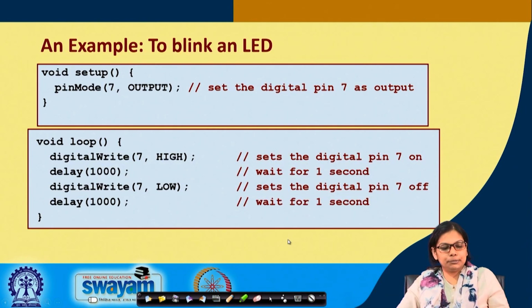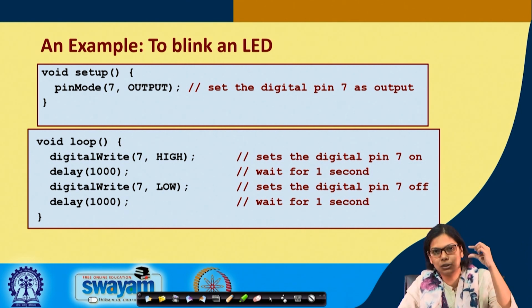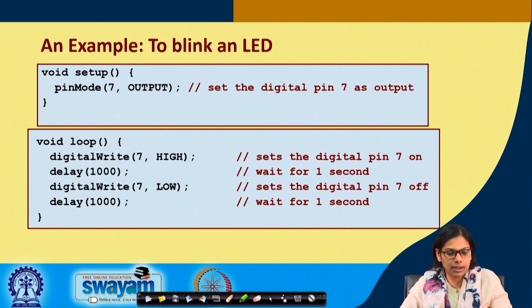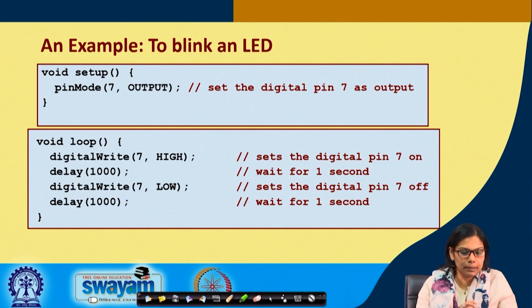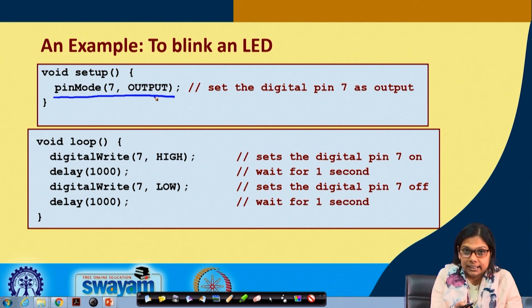Now, I will take a small example to blink an LED, and see what we need to do. You have seen in the Mbed compiler that we need to include a header file, etc. We will see what is required here, but the main phases required here are two. One is the setup phase. Here I am doing the initialization.